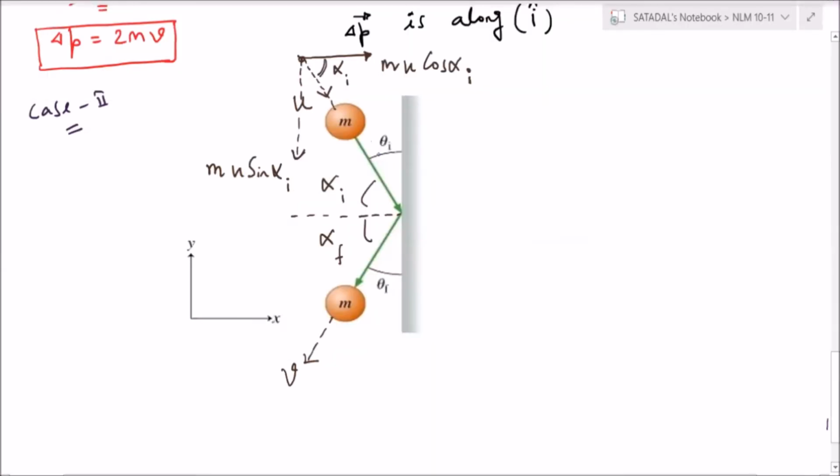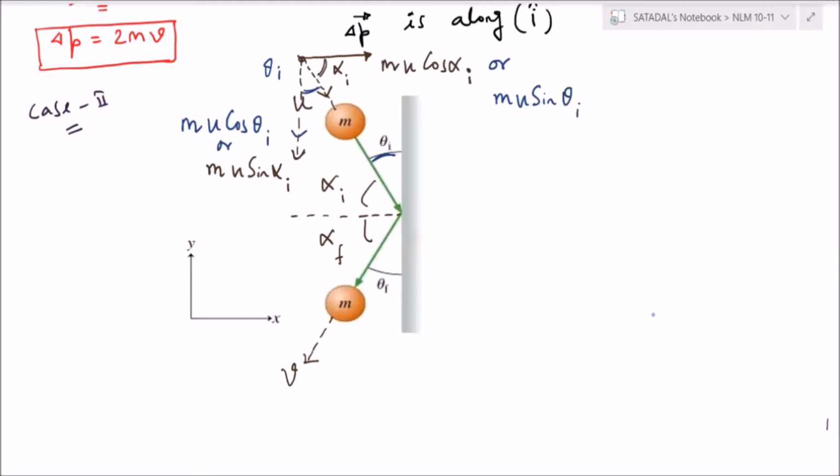Come for theta. Check, if this is theta, then this is theta. So what will be this component? This will be mu cos of theta i, and in this direction, you are going to get mu sine theta i. Is this thing clear? Please respond.